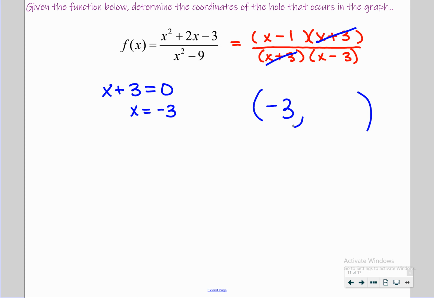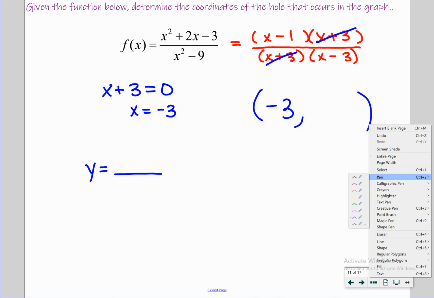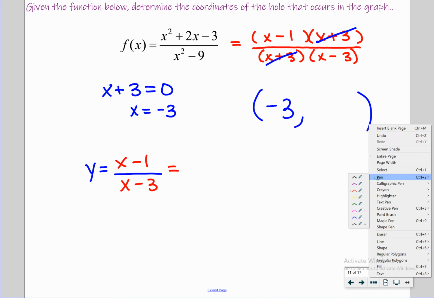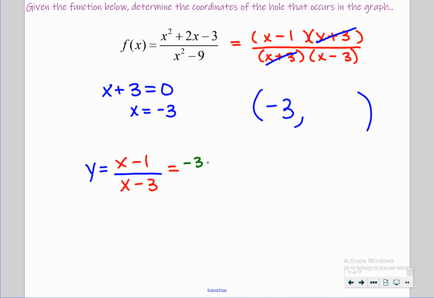times. If I plug in the original equation, we're going to end up with a 0 in the denominator because of that factor. So you want to plug it in to just the x minus 1 over x minus 3 part. So actually, let me write that. Just the reduced version is where we're plugging it in. Okay, so that would be -3 minus 1 and -3 minus 3.